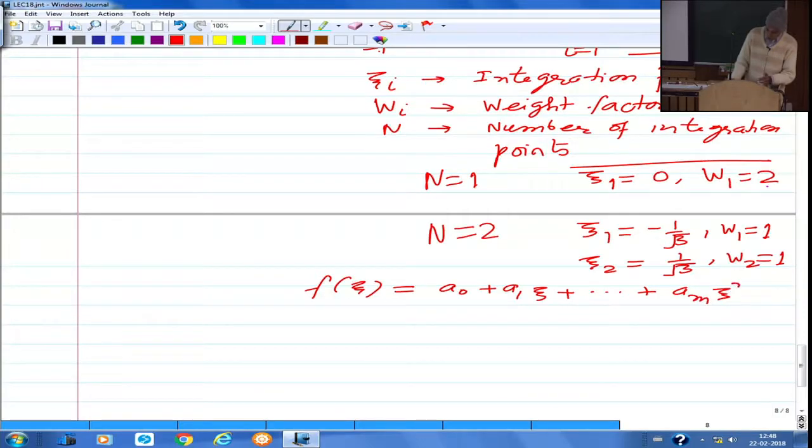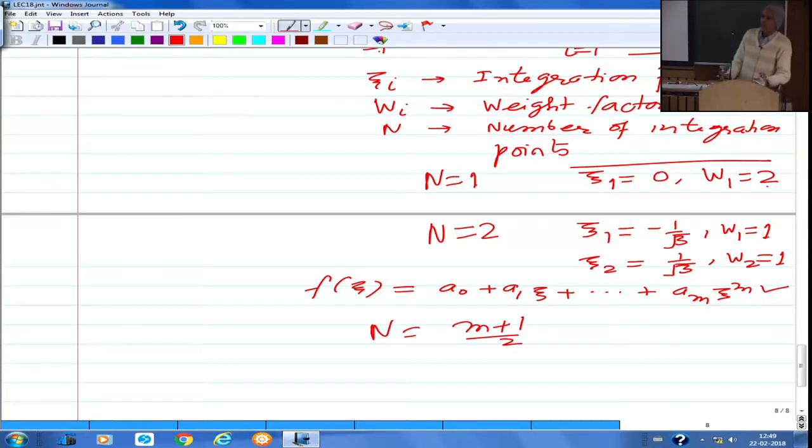So if you want to evaluate this integral exactly using numerical integration, then you need to use (m plus 1) by 2 points. If f(xi) is simply a linear function, a0 plus a1 xi, then m equal to 1, (1 plus 1) by 2, so actually just 1 point would be sufficient.